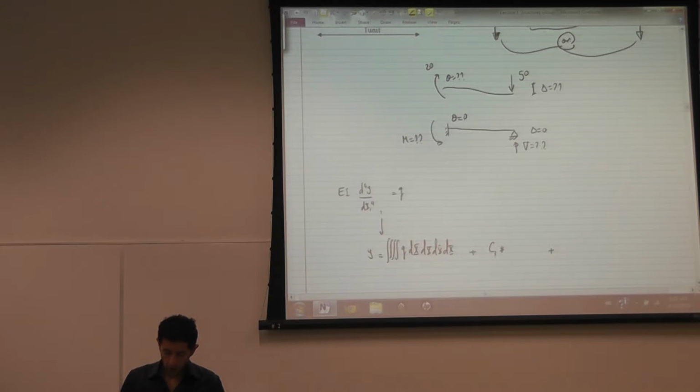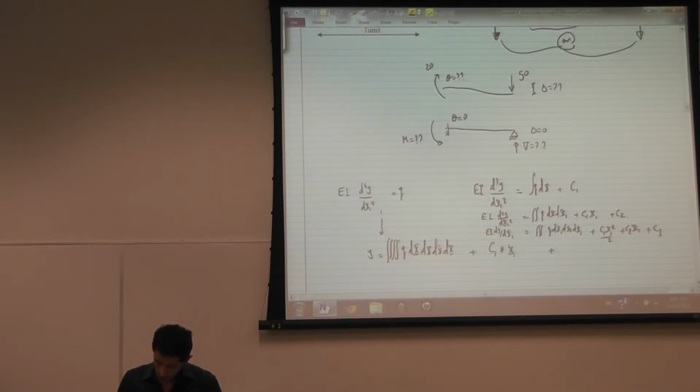So d3y will be c1, and this will be c1 x cubed over 6 plus c2 x squared over 2 plus c3 x plus c4.